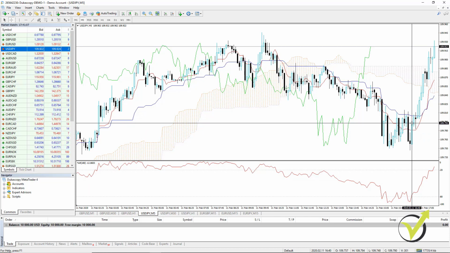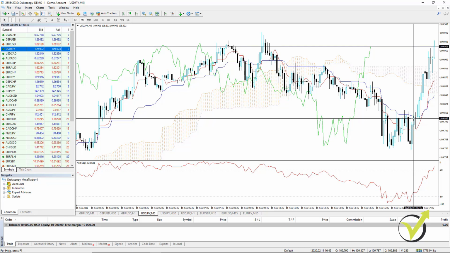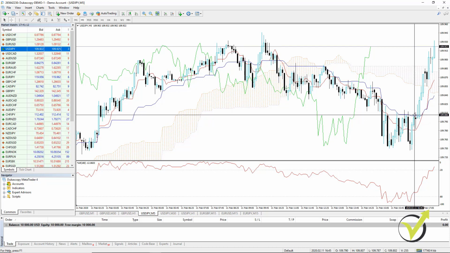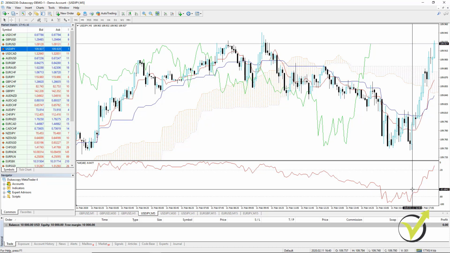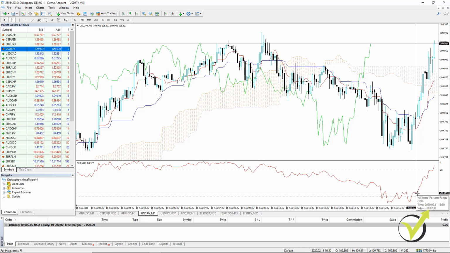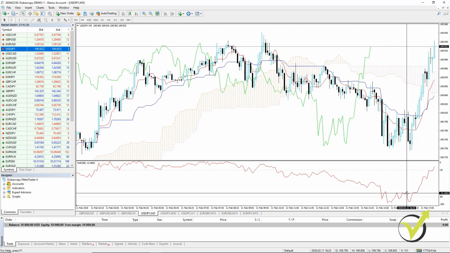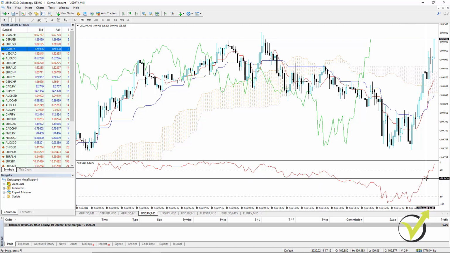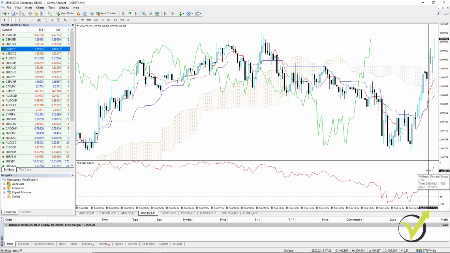Okay, so for example, if the price crosses the Kijun-sen at this moment over here, we need to see that the Williams percent range changes its direction upward, meaning that it was going down and it's changing the direction upwards, just like over here.